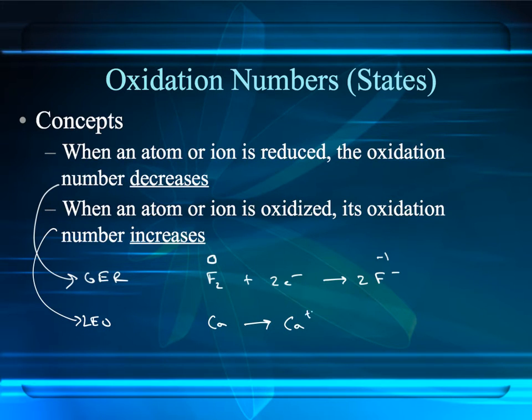Well, it's in family 2A, so it's going to lose 2 electrons, because it forms a +2 ion. Well, in this instance, again, elemental forms of things always have an oxidation number of 0. And over here, the oxidation number of the calcium ion is +2. Here it's gone from 0 to +2, so the oxidation number is going up.